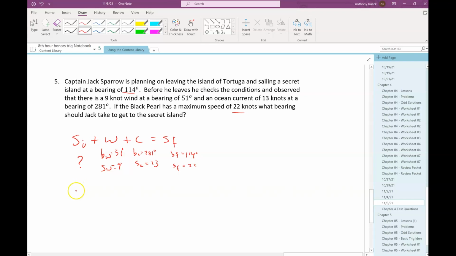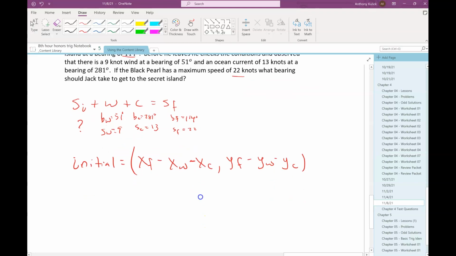So our conclusion is that our initial is going to be related to the final minus the wind and the current. And that's the setup for us.